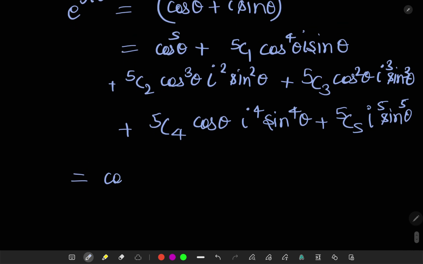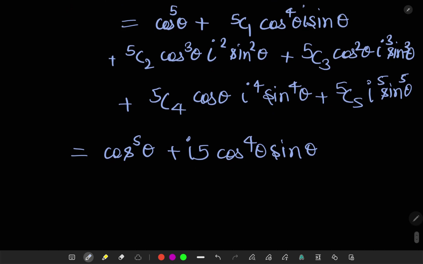Now solving this, here 5c1 is equal to 5, plus 5 factorial divided by 2 factorial times 5 minus 2 is 3 factorial, and here we get 10 cos cube theta.